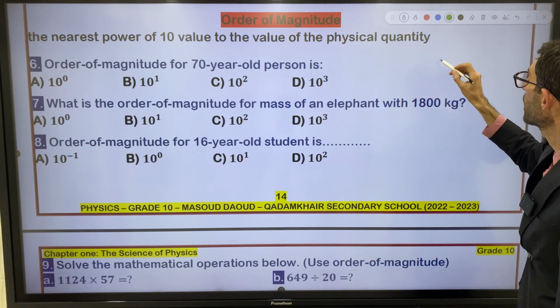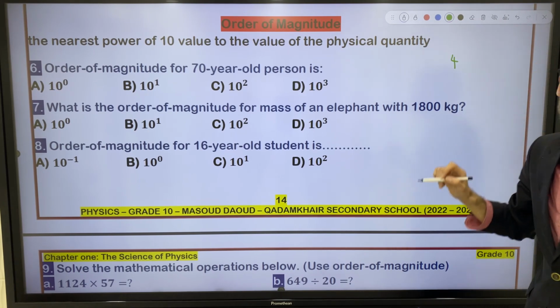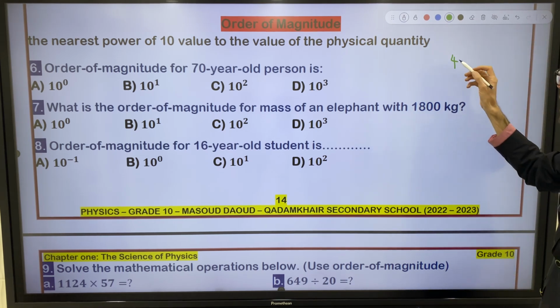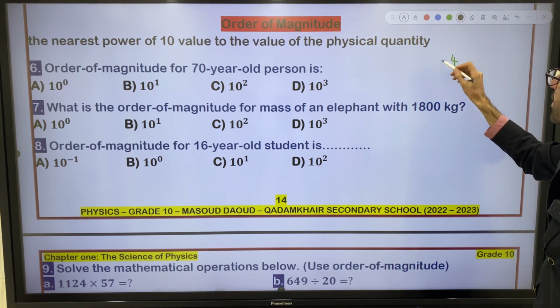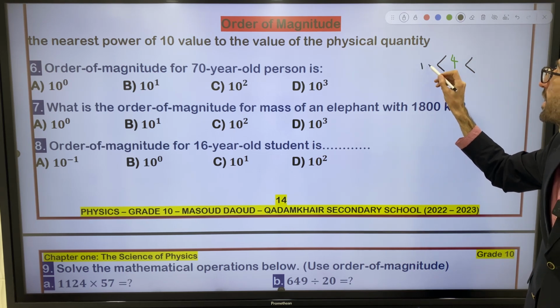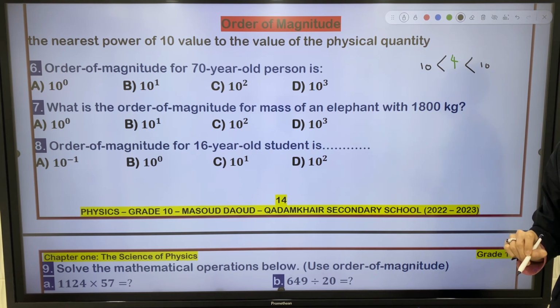I said 4, yeah? This number 4 is located between two powers of 10. 4 is greater than 10 to the power what? Think about it. 4 is less than 10 to the power what? Right?